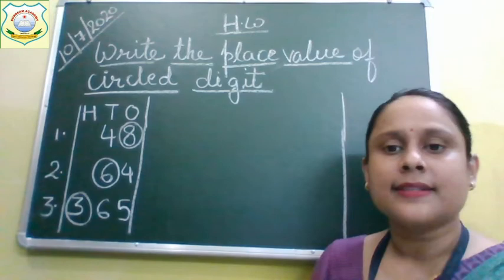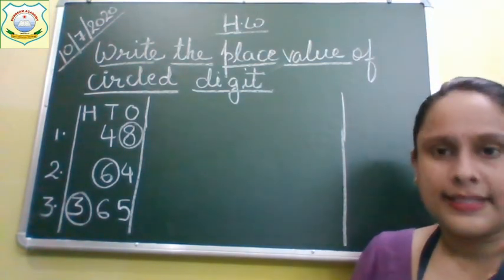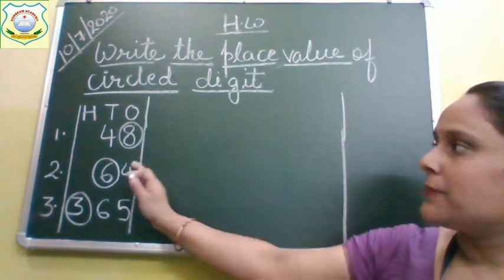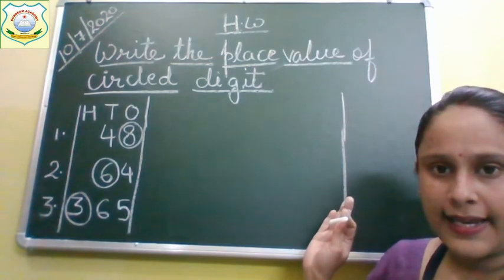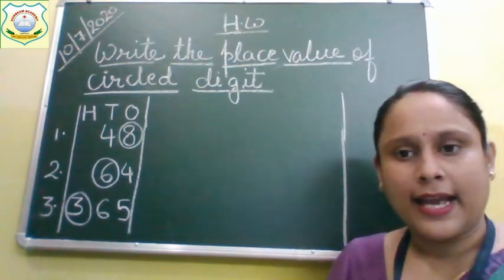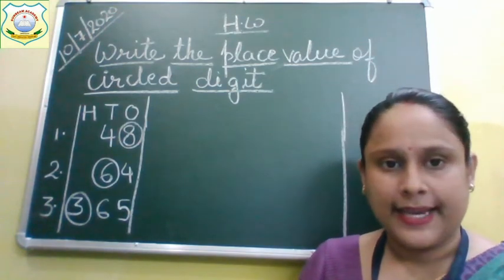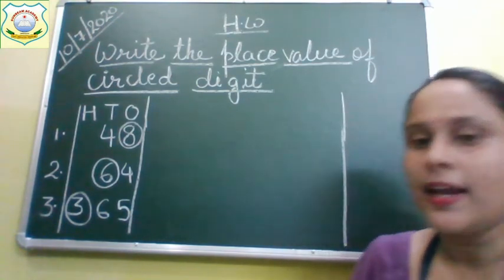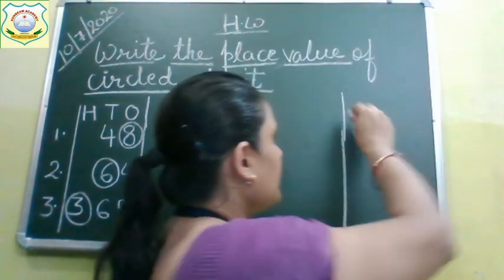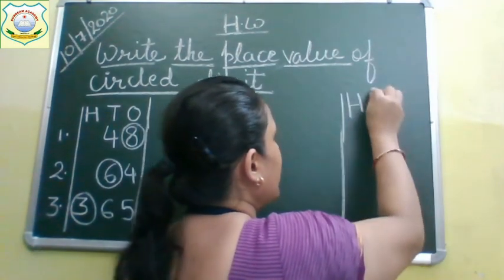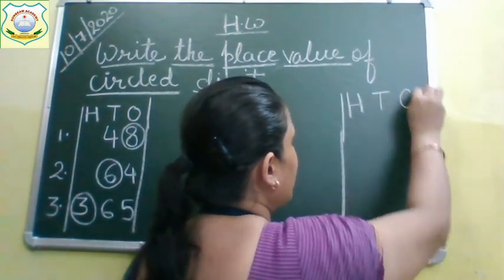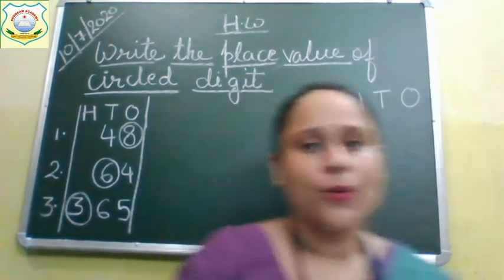Third number is 365. And both the sides you will draw a line like this. For drawing line, you will make use of color pencils and scale. Okay? After this, children, here again you will write 100, tens and ones.